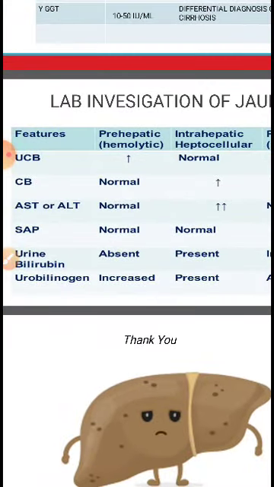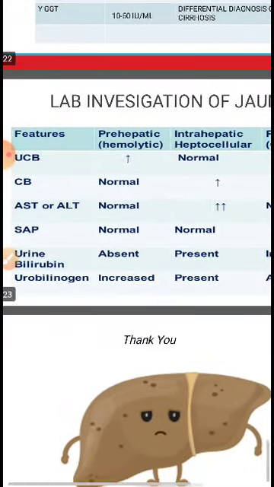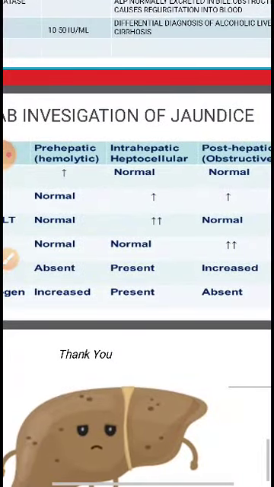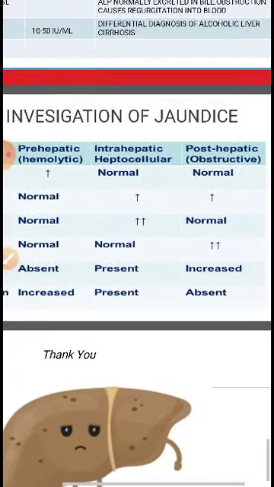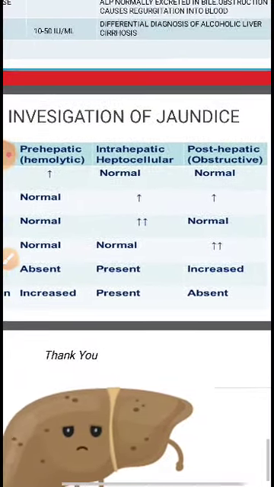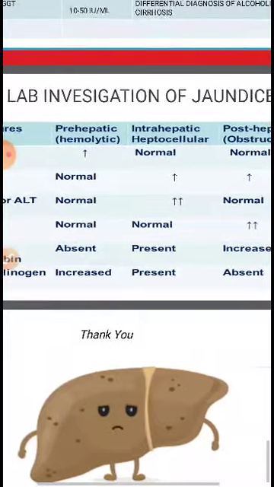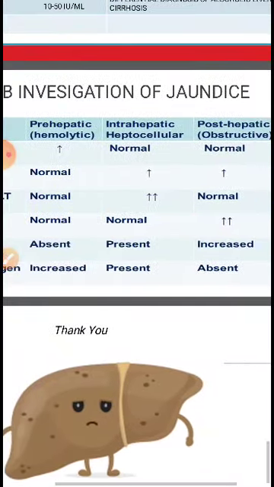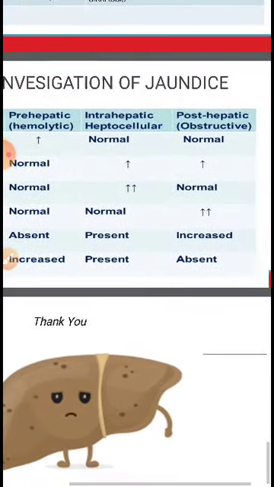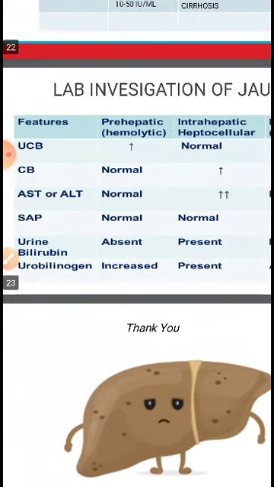Conjugated bilirubin, normal in prehepatic jaundice, increased in hepatocellular jaundice and also increased in posthepatic jaundice. AST or ALT, which is normal in prehepatic jaundice, markedly increased in hepatocellular jaundice but normal in posthepatic jaundice.